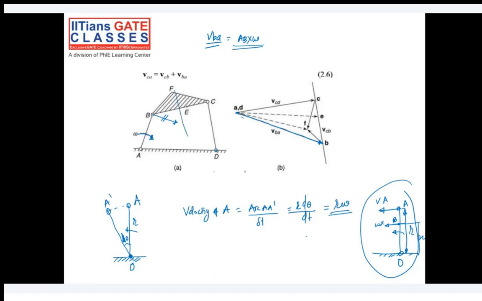We already know points A, D and B, and we are just drawing these perpendiculars from these points. That's how we get a velocity triangle. So our final velocity triangle is this.